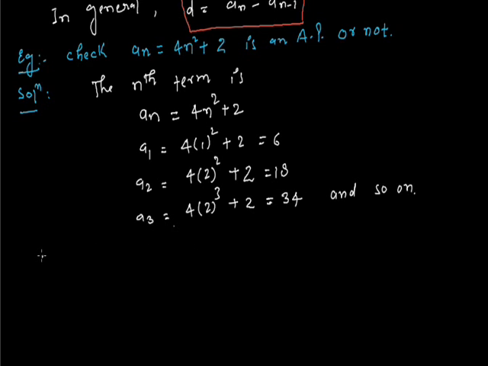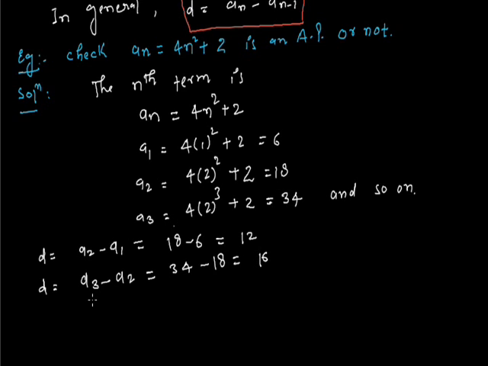Here we find the common difference a2 minus a1 equal to 18 minus 6 equal to 12, and again a3 minus a2 equal to 34 minus 18 equal to 16.